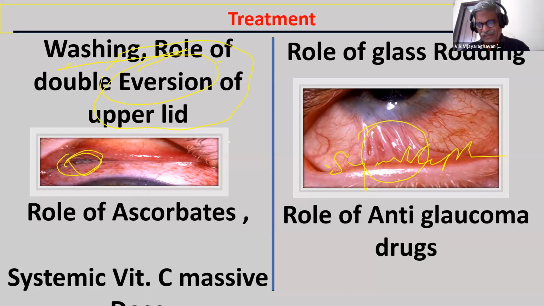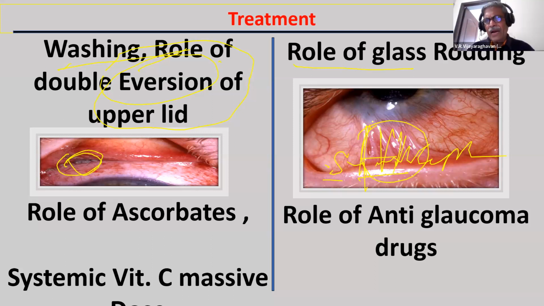Now I told you, a raw surface is there, and palpebral conjunctiva and bulbar conjunctiva can get attached, causing symblepharon. That means the role of glass rodding. What do you mean by glass rodding? You take a glass rod, even a thermometer is enough. You just smear that with an ointment. You just pass it between the eyelid and the eyeball. Just pass it daily.